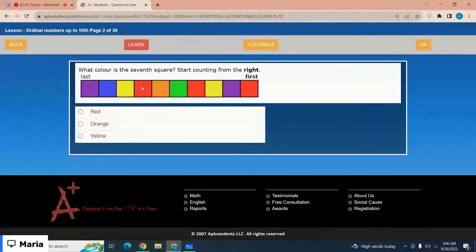Which color is the seventh square? The correct option is, you have to see the seventh is red. The correct option is red.